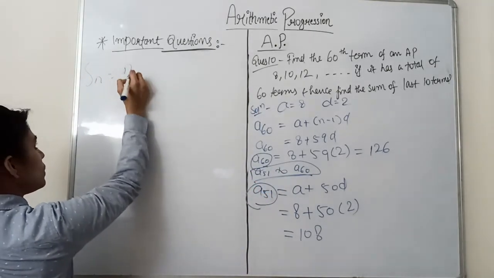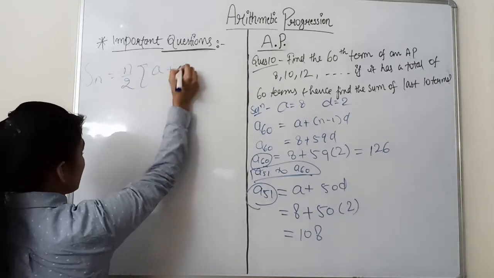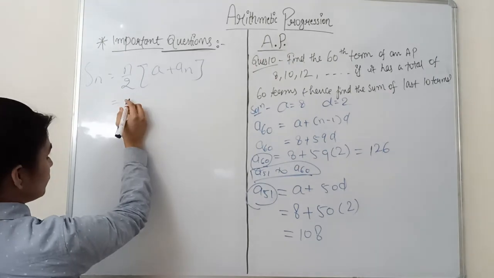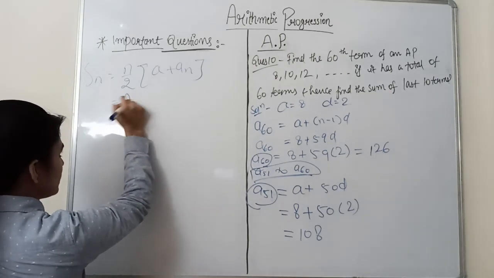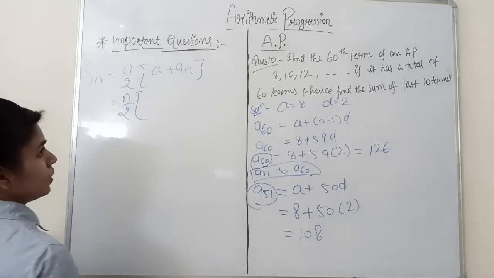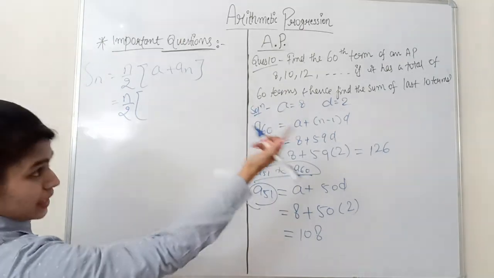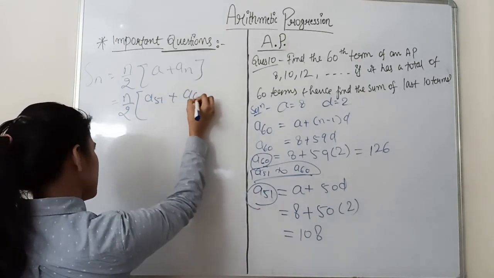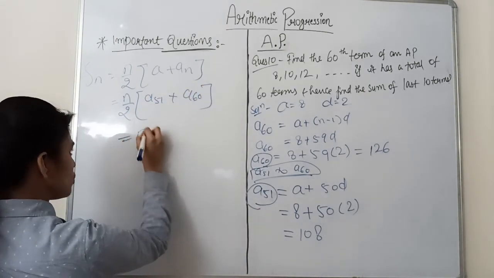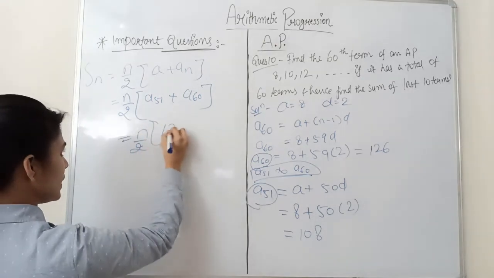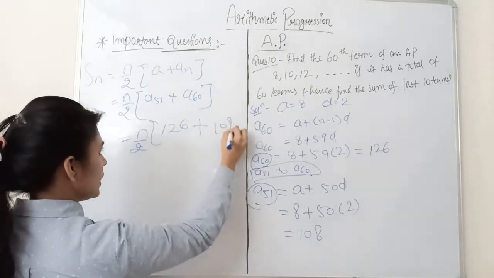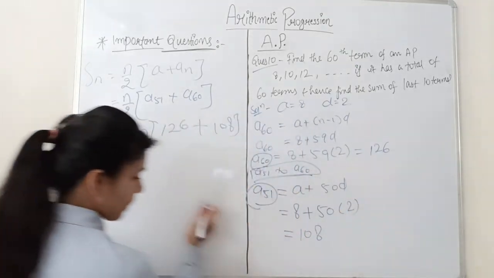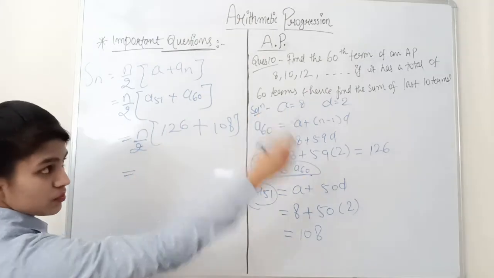Sn is equal to n by 2 into (A plus An). The sum of the 10 terms, A51 plus A60, is equal to n by 2 into (126 plus 108). This is the sum of n terms.